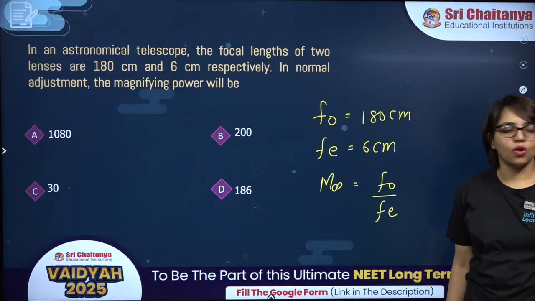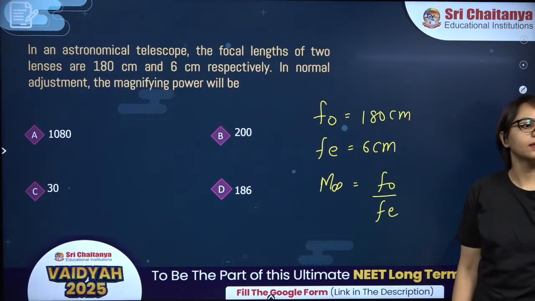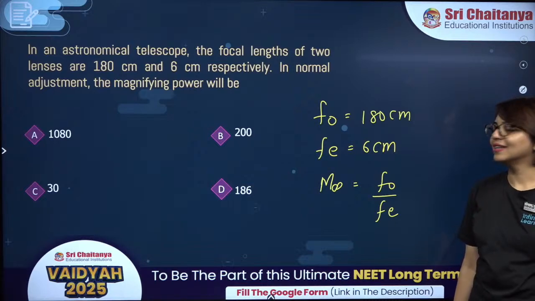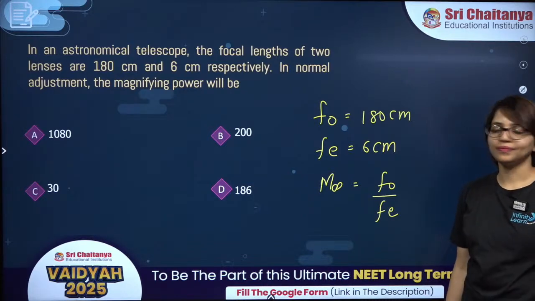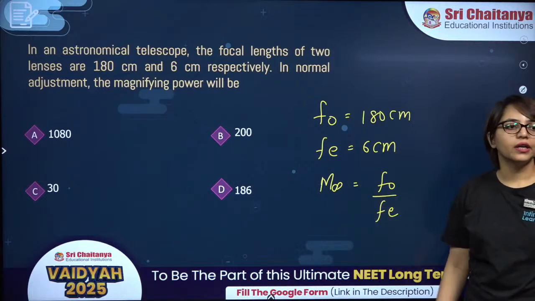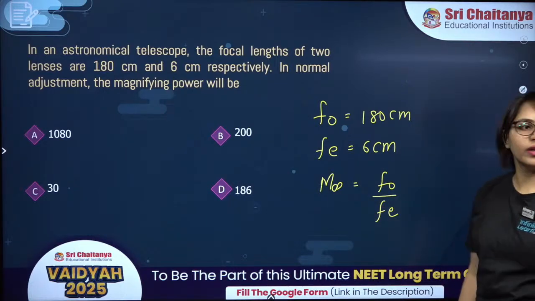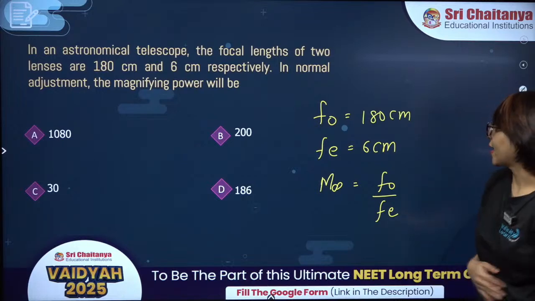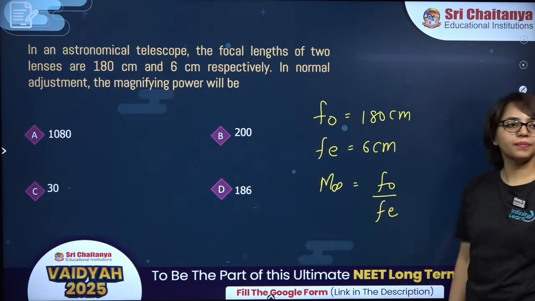Option B, okay. Try this one, bachcho. FO upon FE is the magnifying power for the normal adjustment over here. Option C, well done, well done. FO is given, FE is given.